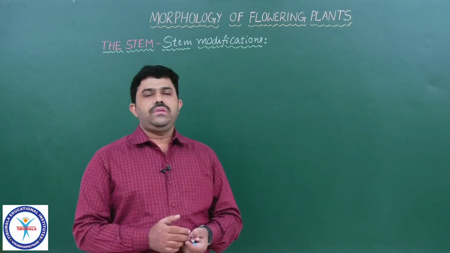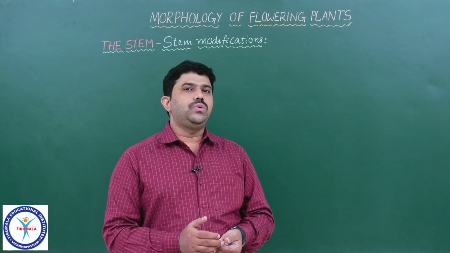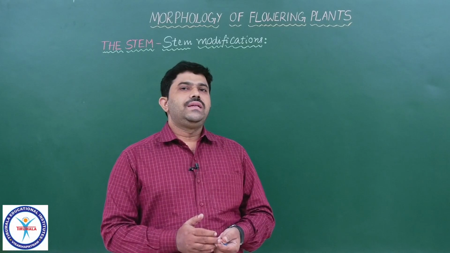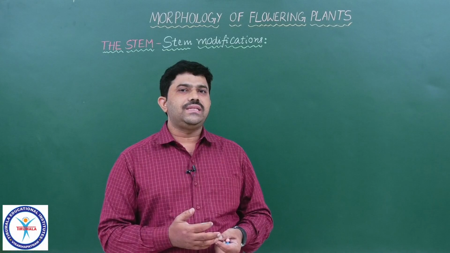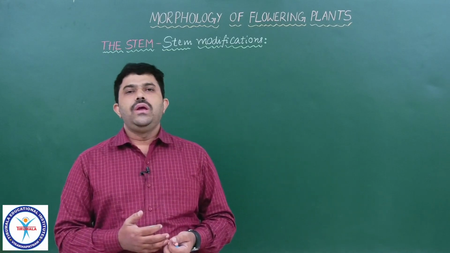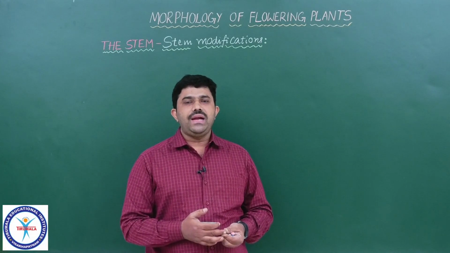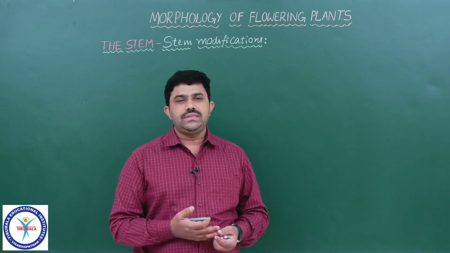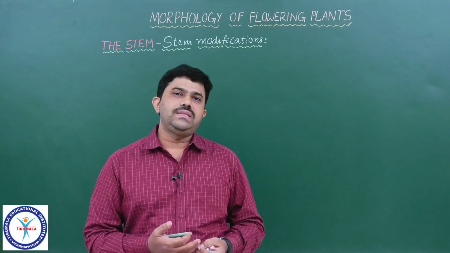Whatever the structure may be, they simply show structural changes and different forms in their organs. It is called modifications. Why should plants show modifications? What is the reason behind the modifications?